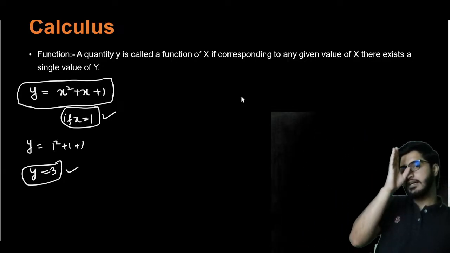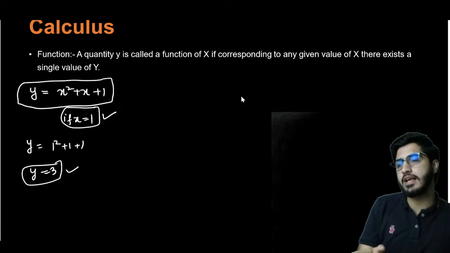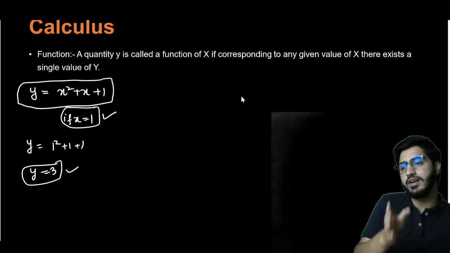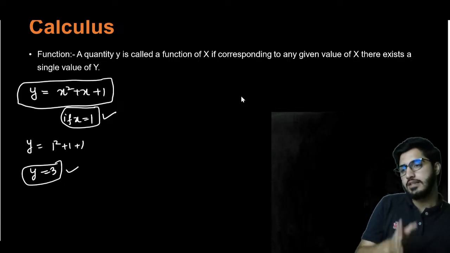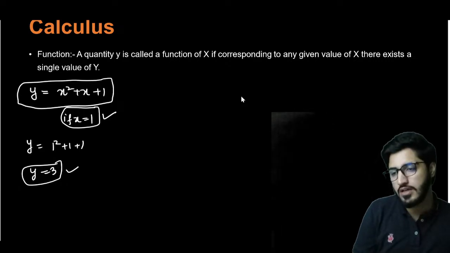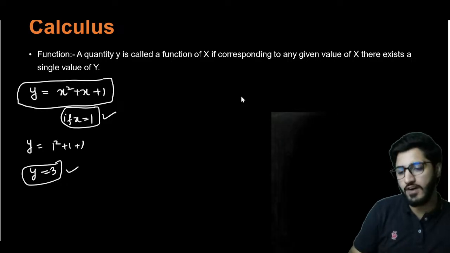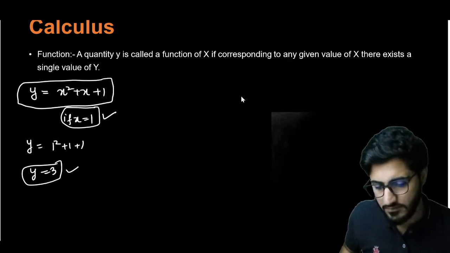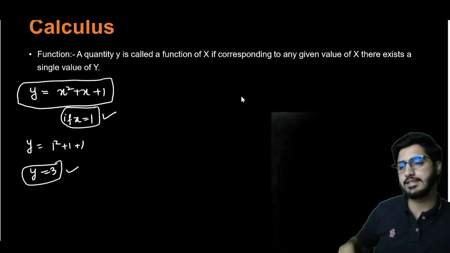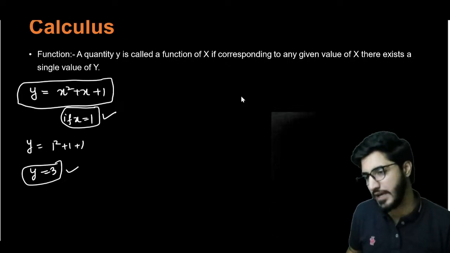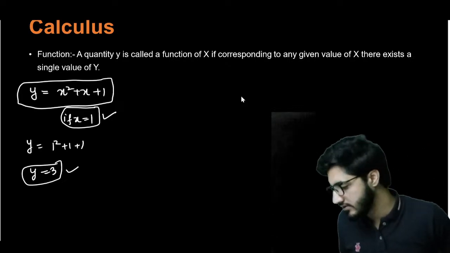That means at a given value of x, if there exists only a single value of y, you can just confirm that y is a function of x. So from this example, you can easily confirm that y is the function of x. Why?